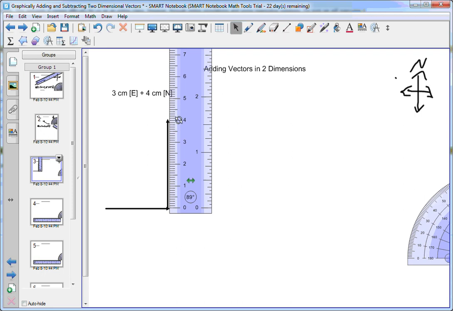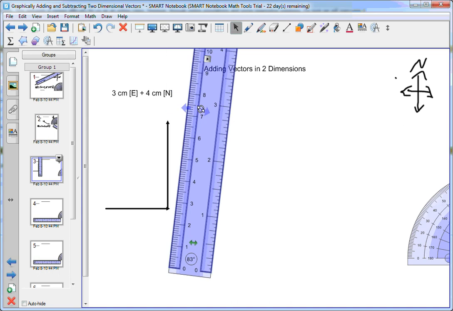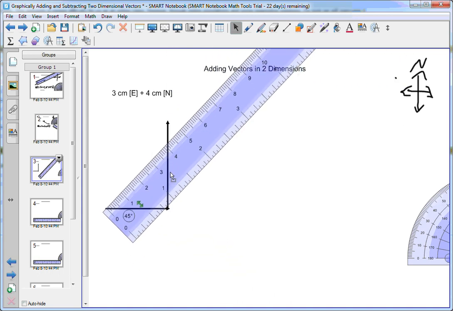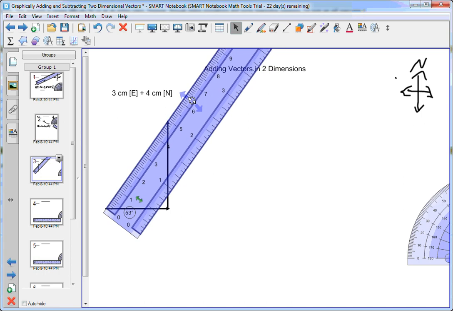I went a little bit long there. All right. Now remember that the resultant vector always is measured from the beginning of the first vector to the end of the second vector. So in this case, that would be from there to there.